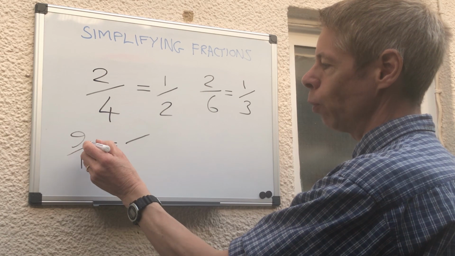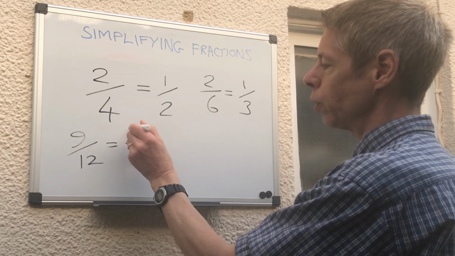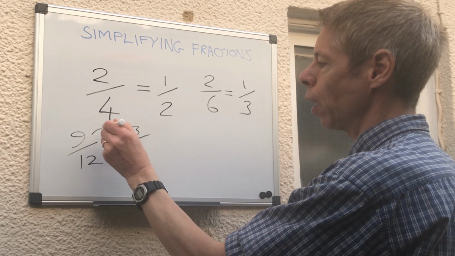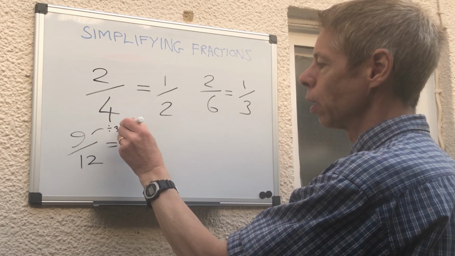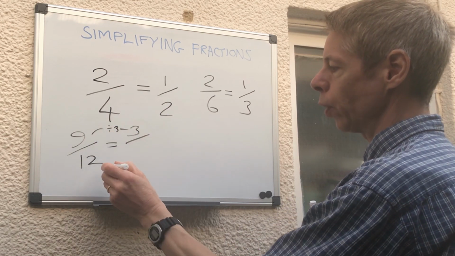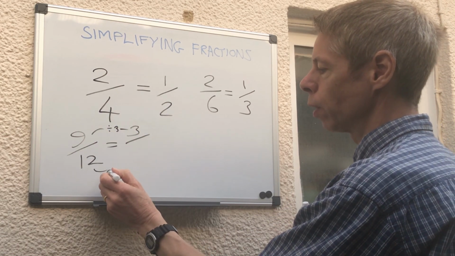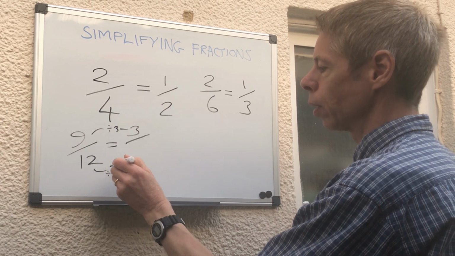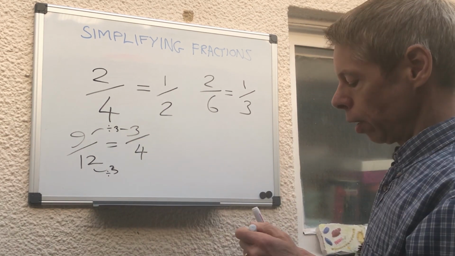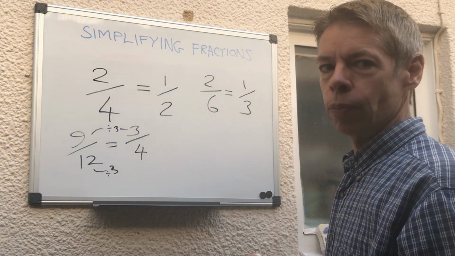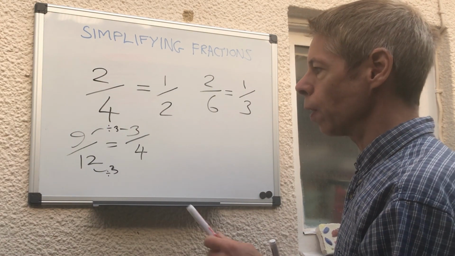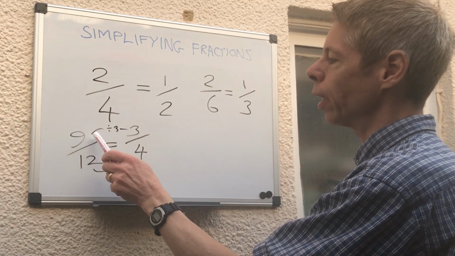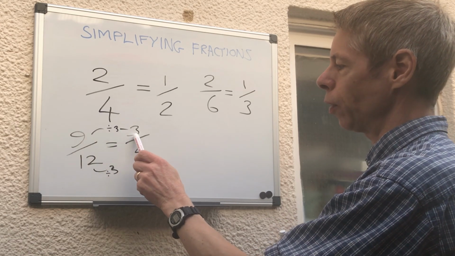So you will know that one of the factors of 9 is 3. So if we divide by 3, 9 divided by 3 will give us 3, and then 12 divided by 3 will give us 4. So what we've done, as in our equivalent fractions video, is divide 9 by 3 to get 3.